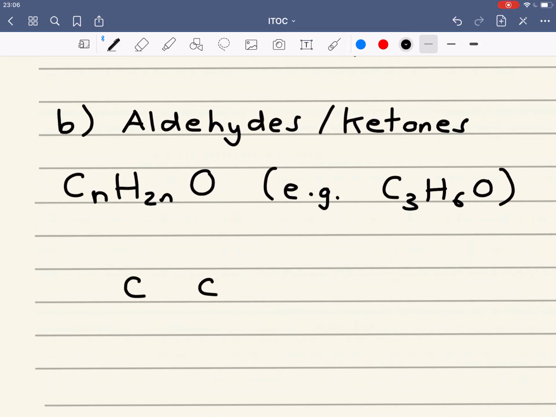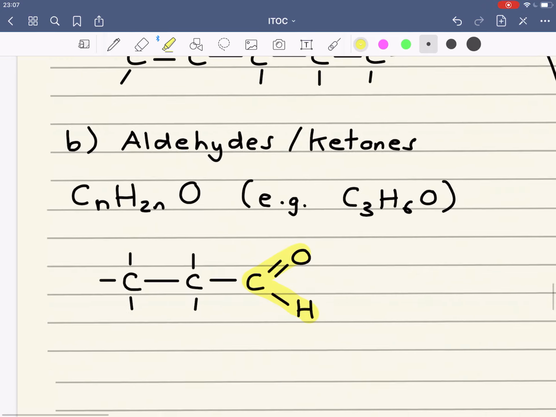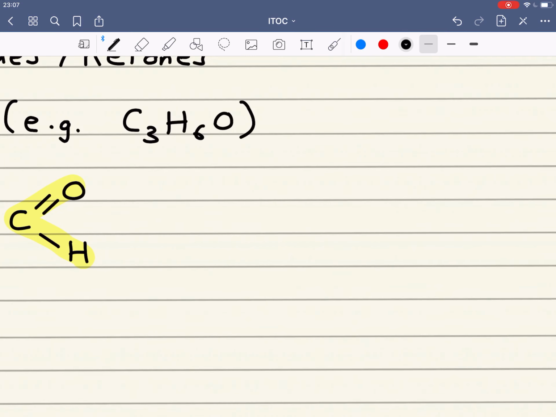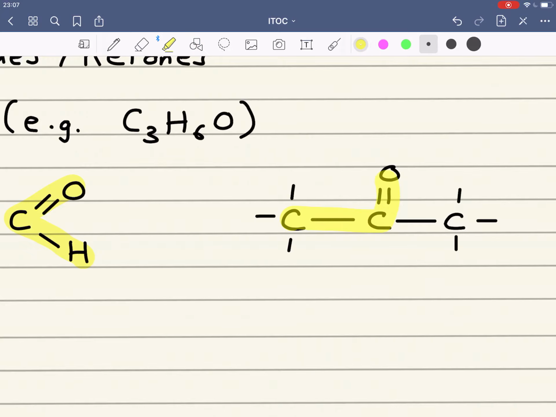Obviously, if it's the aldehyde, it will have the following structure. So you've got your aldehyde functional group here, but C3H6O could also be the ketone. And your ketone functional group is here.